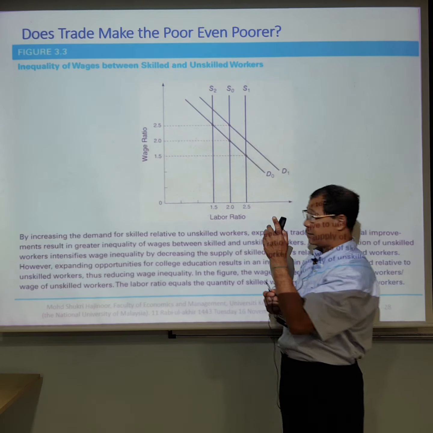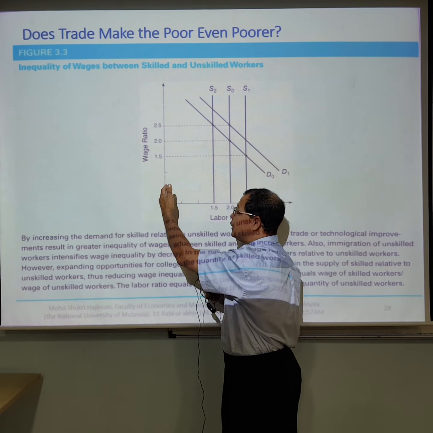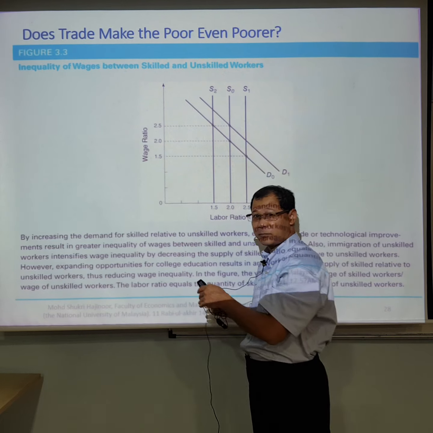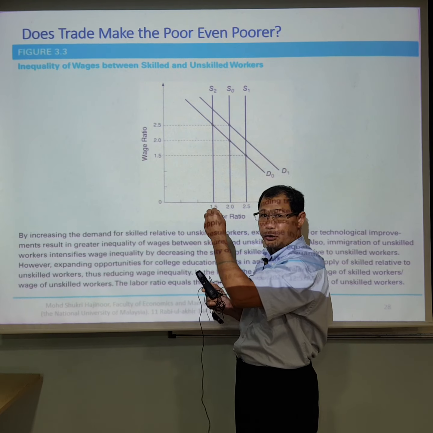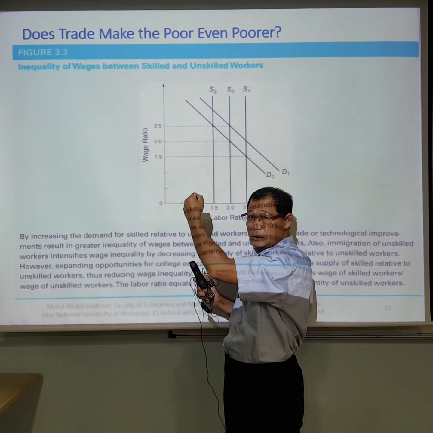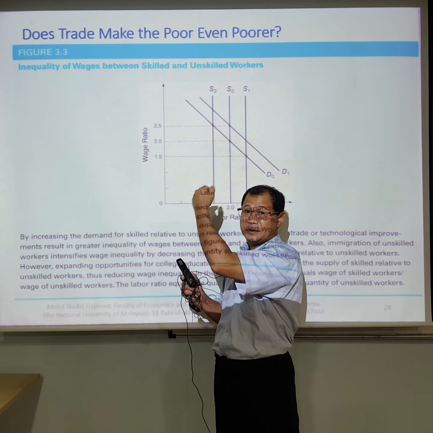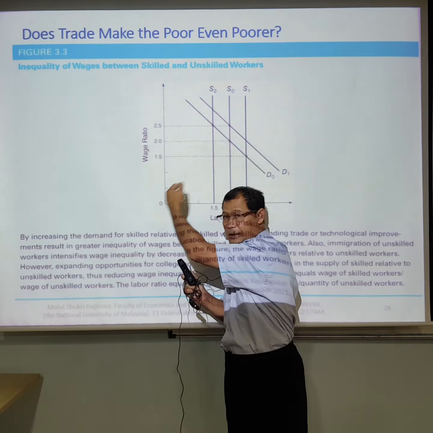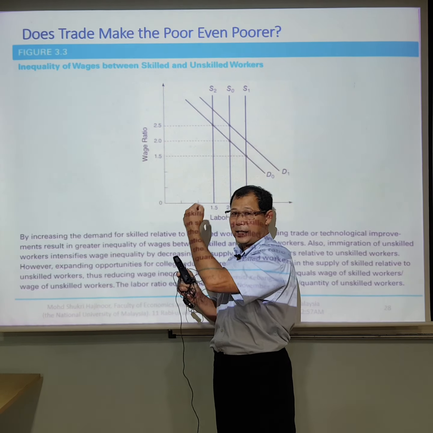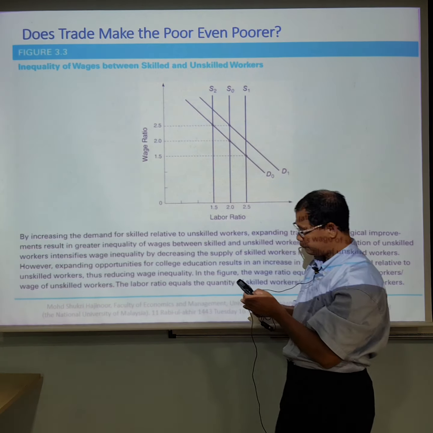So if we go higher, it means that the ratio is greater for the wage of skilled relative to the wage of unskilled workers.